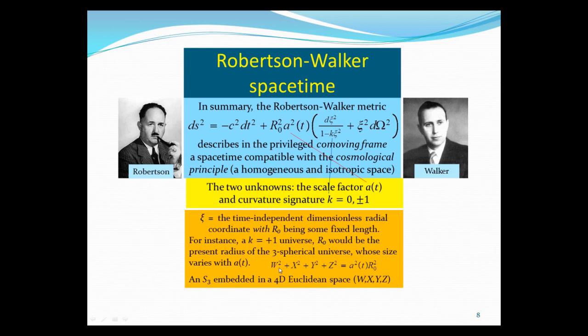It would be written as w squared plus x squared plus y squared plus z squared equal to a squared, in the embedding space coordinates w, x, y, z. So when A equals 1, that's just the radius r naught. That's the end of the first part of lecture 22.